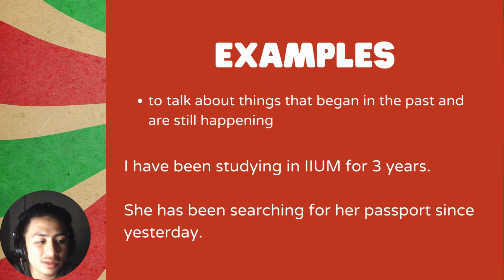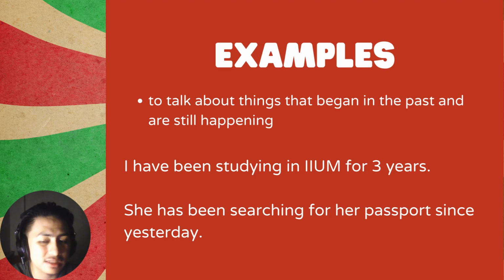So basically, you are talking about the moment when you started studying in IIUM until the moment that you answer the question. So it means that at the moment you answered the question, the thing that you mentioned is still happening. So basically, you're still studying in IIUM at the time when you are asked that question.